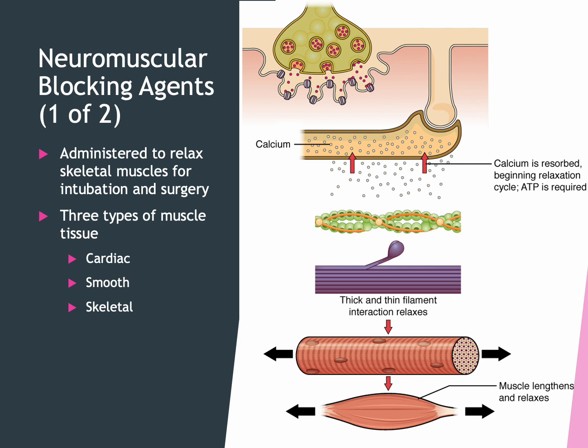Now, acetylcholine is going to diffuse across this gap, and it is going to attach itself to the receptor sites on the cell membrane of the muscle fiber. And that cell membrane is referred to as a sarcolemma. This is going to cause a reaction called depolarization.